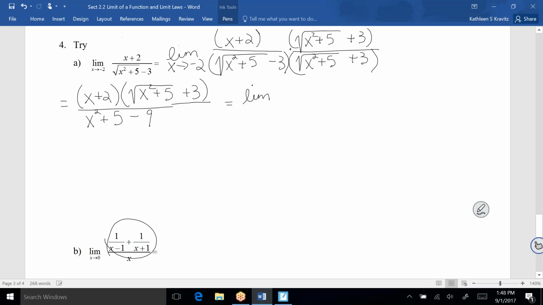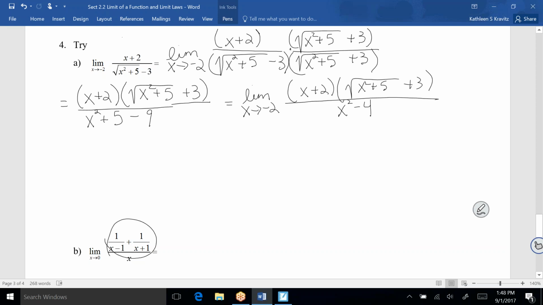All right, then this is the limit as x goes to -2. I'm going to keep the numerator the same, and the denominator now is x squared minus 4.